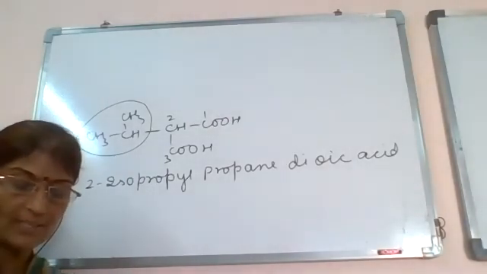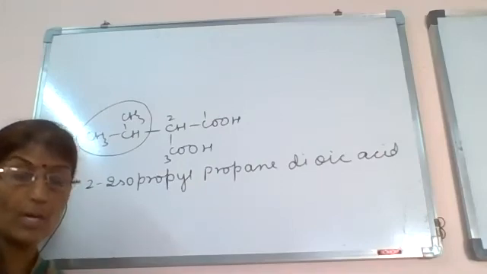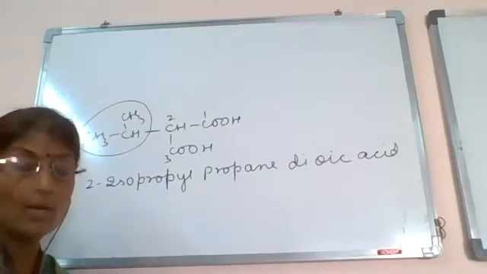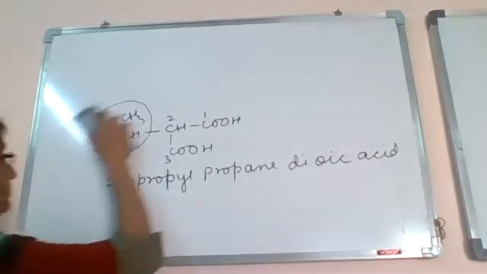Now we have to do the structure of the carboxyl group. What type of structure does the carboxyl group have?